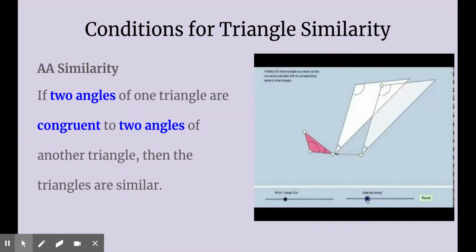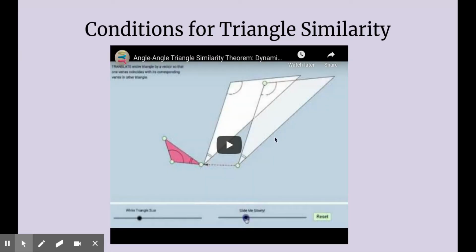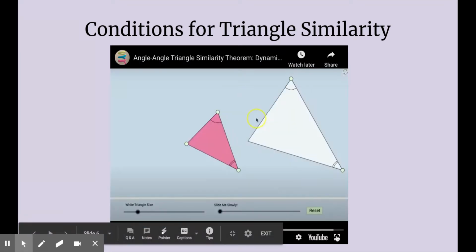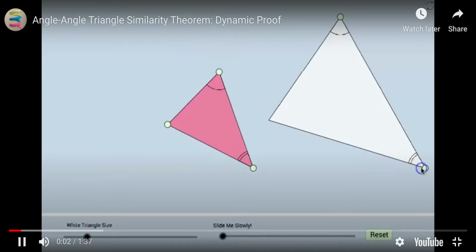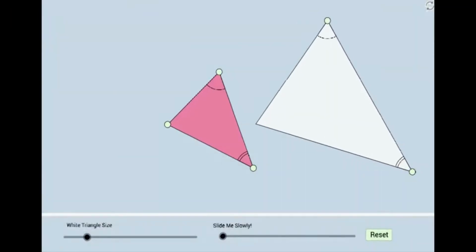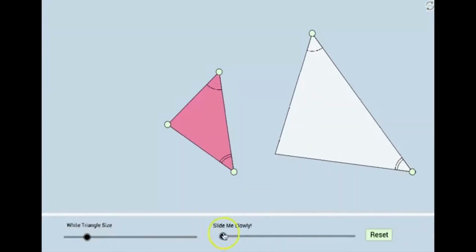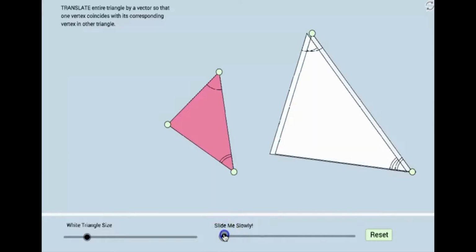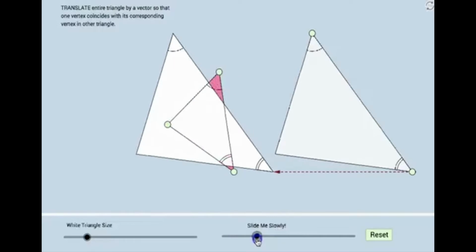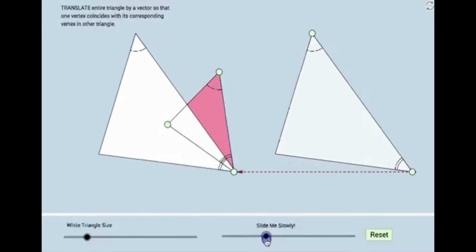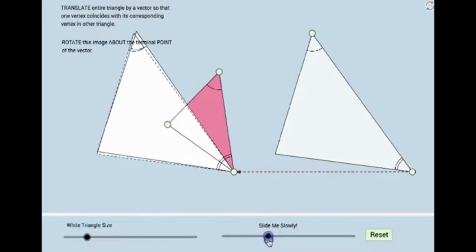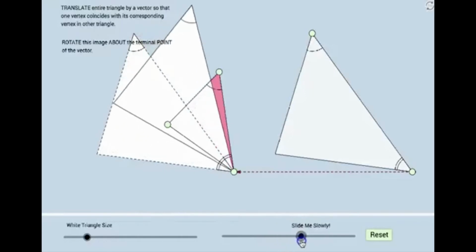Let's first look at the angle-angle condition for triangle similarity. So here we have 2 triangles with 2 pairs of corresponding angles that are congruent. And what we see is we can perform a similarity transformation that maps one triangle onto the other triangle.